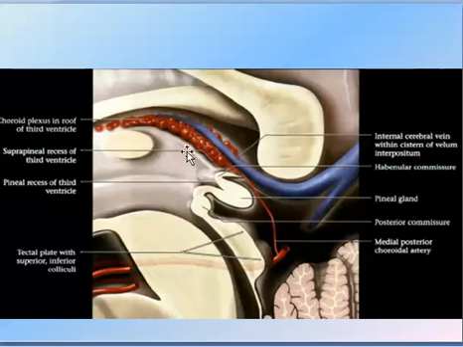This red one is the choroid plexus. This is the tectum of the midbrain with superior and inferior colliculi.